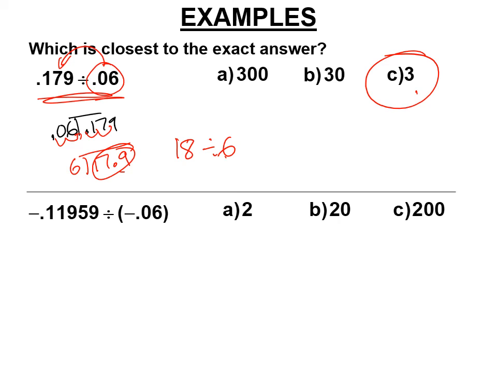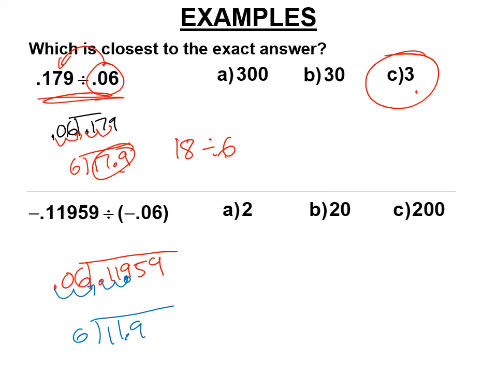Same thing here, you're going to have to fix it first, then round. So look at that horrible number. Do you really want to do all that work, or do you want to use your powers of rounding? Move this twice, make it 6. Move this twice, it's now 11.959.